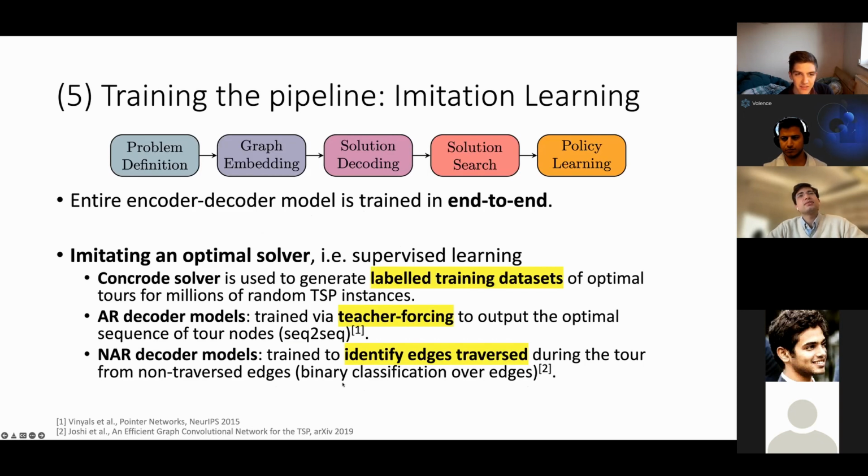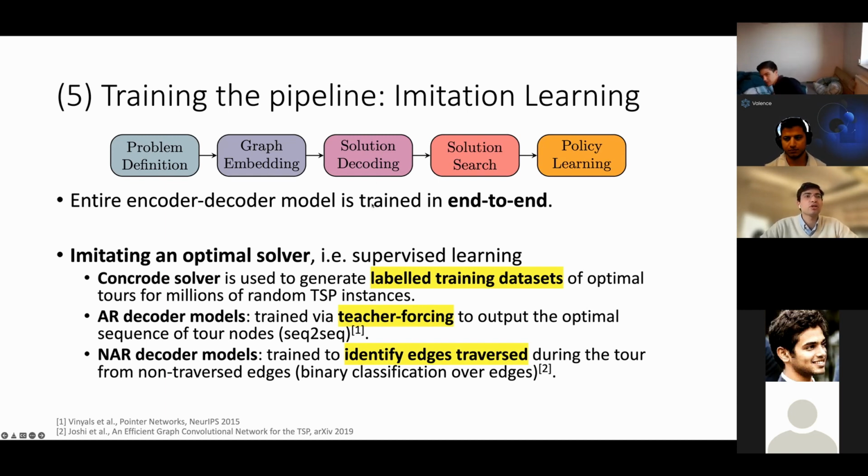Okay. So the last part of this whole pipeline is that your graph embedding, your decoding, and potentially your search are all learnable, right? So how do you train this end to end? The simplest thing that you can do, as one of the questions also alluded to earlier, is that you can imitate an optimal solver. So you can do supervised learning.